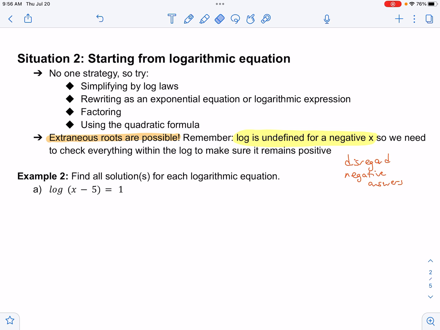Okay, sorry, not negative answers. We have to pay attention, okay, to our original question and see, are we inputting any negatives? And you'll see what I mean by that when we do an example later on here.